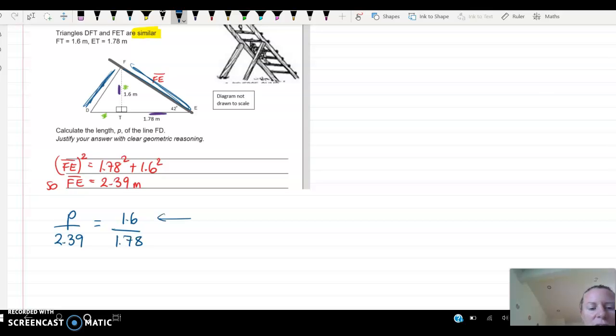So that top line is the smaller triangle and the bottom line is the larger triangle. So comparing the same to the other.